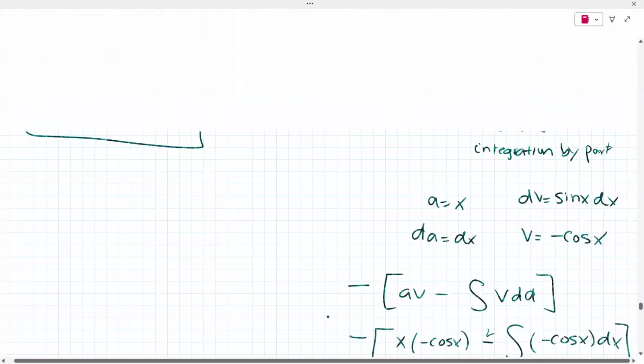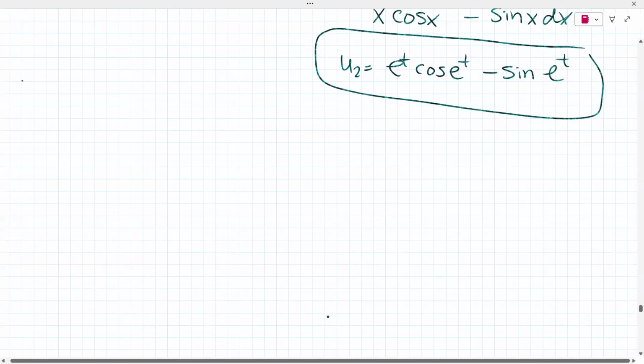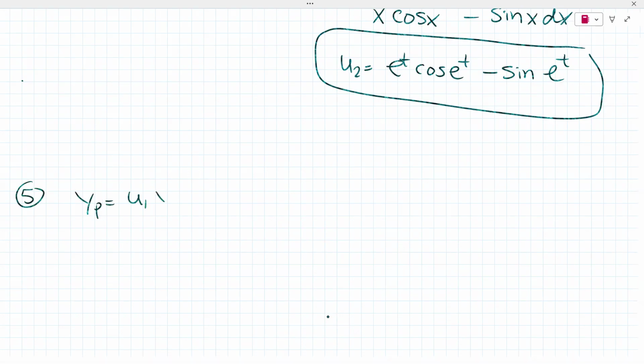Okay, now step 5. We have our u1 and our u2. Step 5, find your yp. So my yp is u1 times y1 plus u2 times y2. So my u1 is negative cosine of e^t.